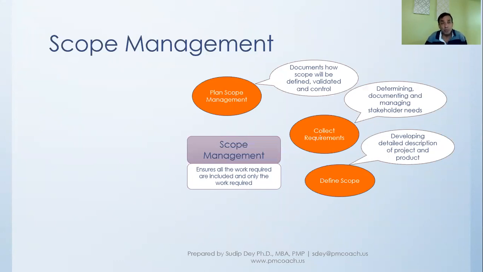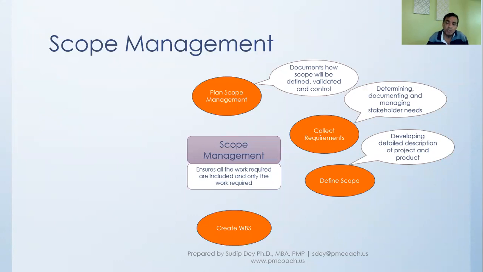In this process, we'll detail out many of the requirements, understand more how we'll go about it, and put together a scope. When we do, we will have what we want to deliver, and also what we are not going to deliver.